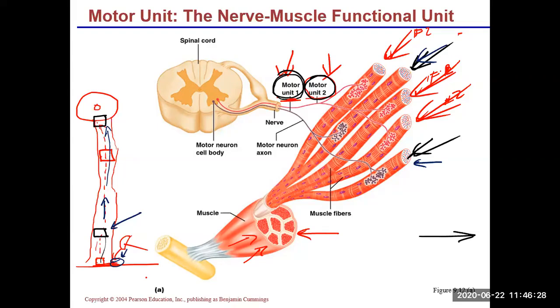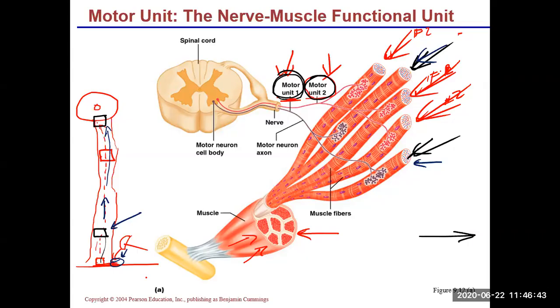All right. So you're doing it every day. You're even stronger than some other individuals and so on. Right. So that is really important to understand the idea of the motor unit.